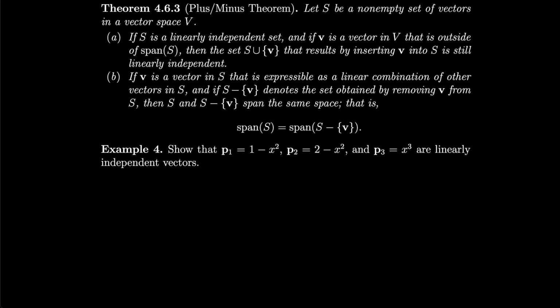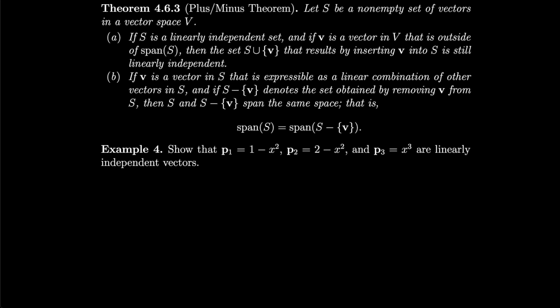If it's not in the span, it can't be a linear combination, so just throwing it in there just makes us a bigger linearly independent set. But also, it makes sense that if we have a set that's expressible as linear combinations of the other vectors, and we remove that vector, it's almost like it's redundant. So it makes sense that the span should be the same. It shouldn't be affected by removing it.